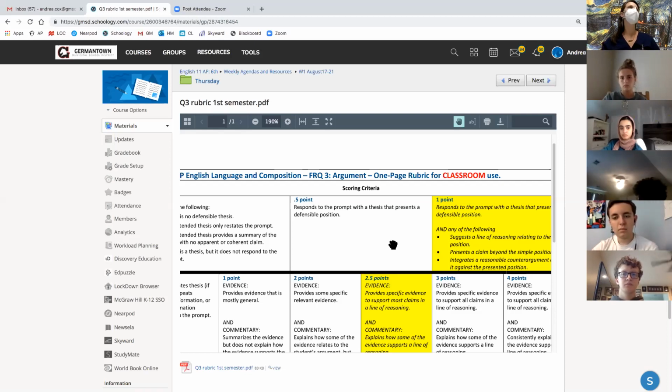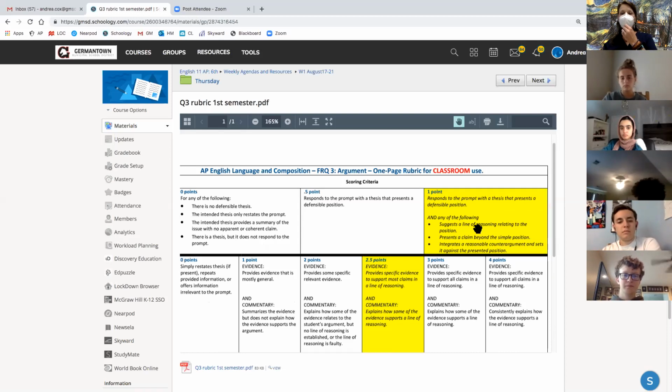Yes, it's brown. Now, in order to get the full point, there are 3 different ways to get a full point in addition to just having a defensible position. The first one, you have to suggest a line of reasoning that relates to your position, like why, okay? The second bullet is you have to present a claim that's beyond a simple position.